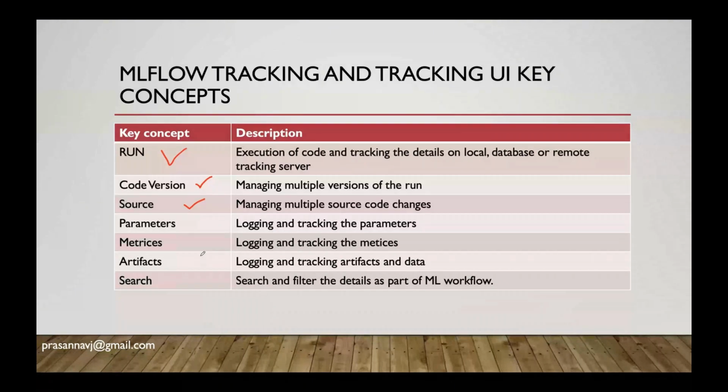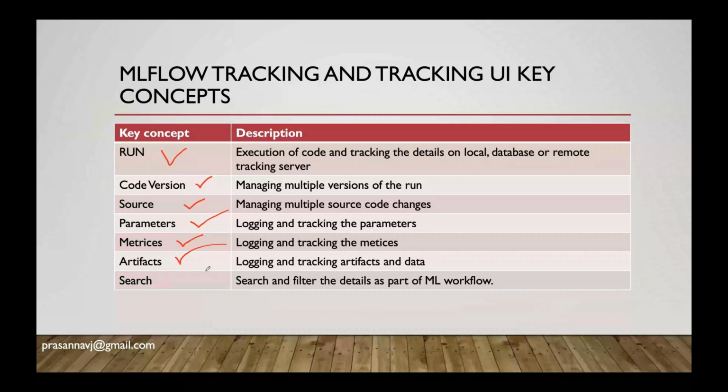It is not just his code, but also all the different parameters that he has used, all the different metrics that he has been working on or fine tuning, and all the different artifacts that he is producing. Artifacts could be a data file, or anything related to your whole machine learning development. It could be an image that you are trying to process, or an audio file.